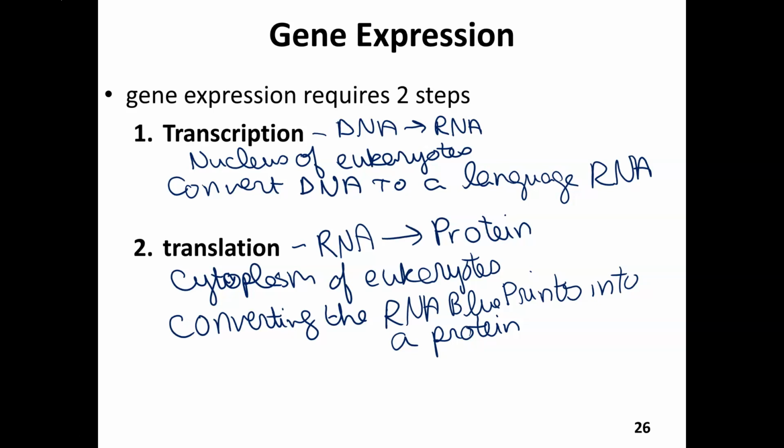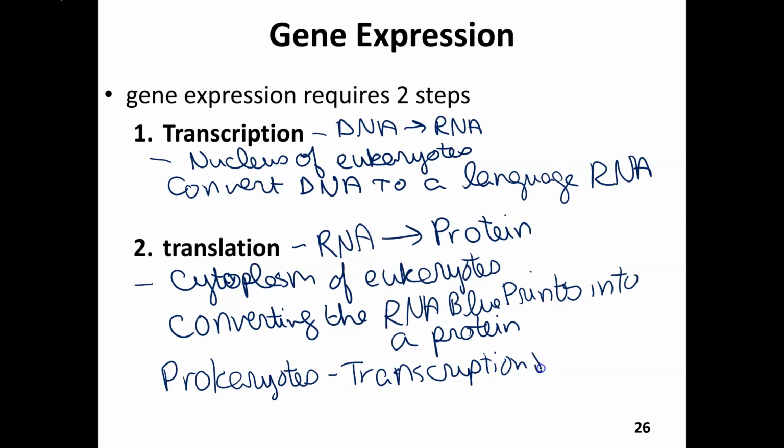I said nucleus of eukaryotes, cytoplasm of eukaryotes. If we're looking at prokaryotic organisms, transcription and translation occur in the cytoplasm.